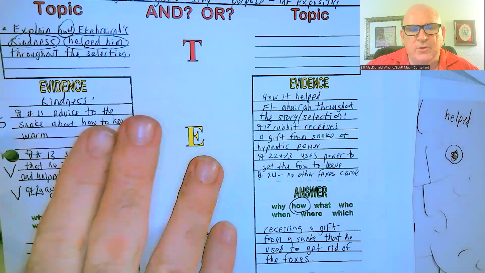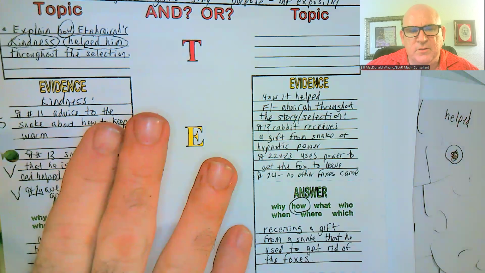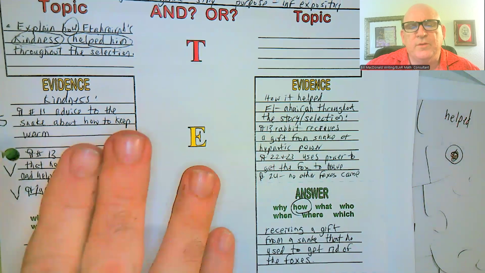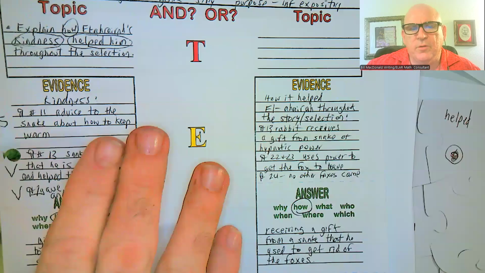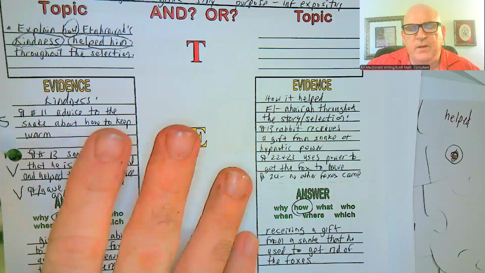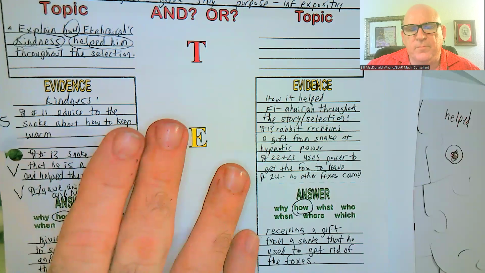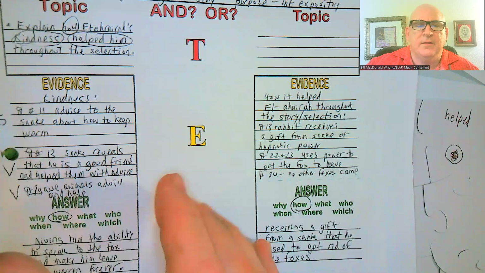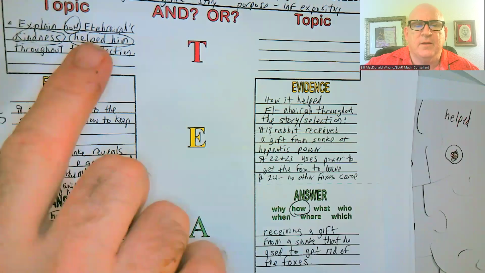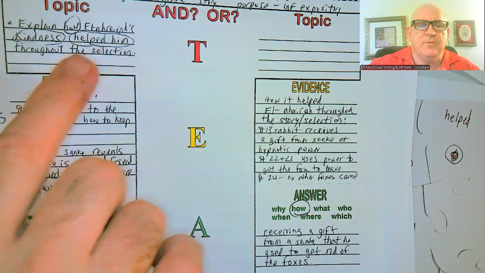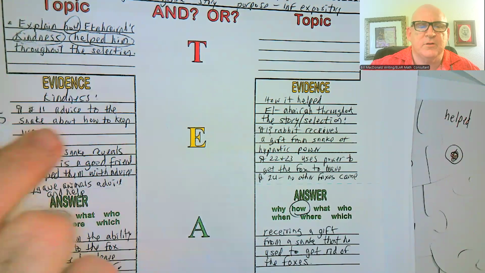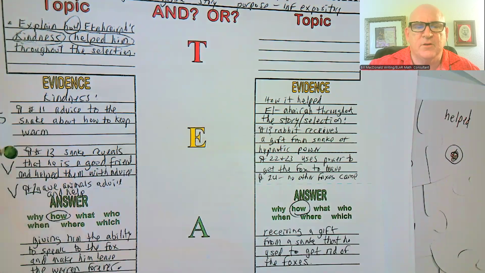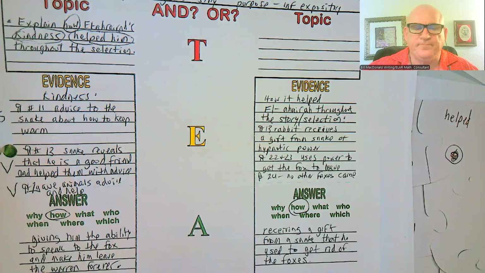So what you can do in 2 sentences is do that restating or repeating of many of the prompt words. But then on the next sentence, you can add the kindness and then how it helped him throughout the selection. Evidence from the text.